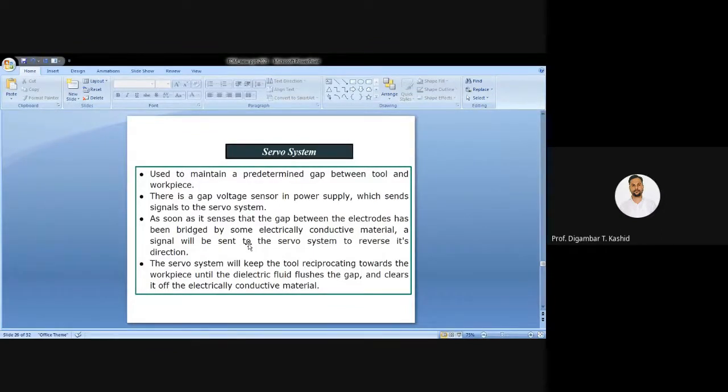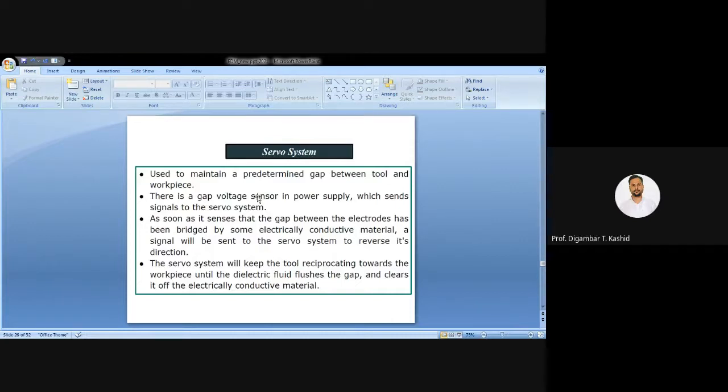Normally the servo system is used to maintain the predetermined gap between your tool and workpiece. There is a gap voltage sensor in the power supply, which sends a signal to the servo system. As soon as it senses that the gap between the electrodes has been bridged by some electrically conductive material, a signal is sent to the servo system to reverse its direction.